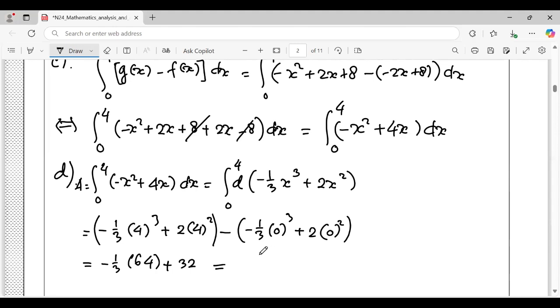It's going to be minus 64 thirds plus 32, and if you calculate, the result is positive 32 thirds, okay. Or in decimal, 10.67 square units.